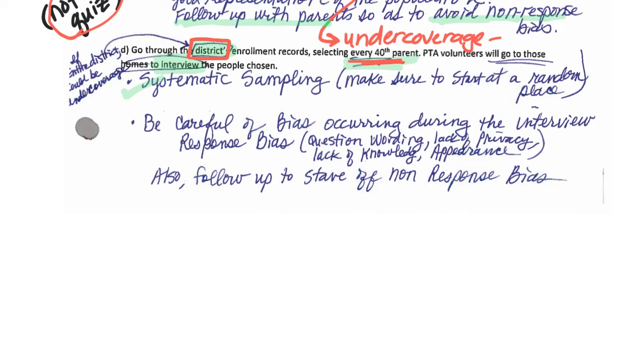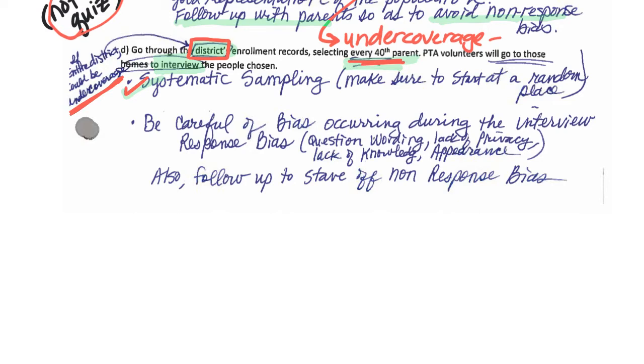So that's a potential issue. If that happens, then that could be under coverage. If you sample the entire district and every 40th parent, you do not get enough to be the elementary school ones. All right. So systematic sampling, we know for sure.